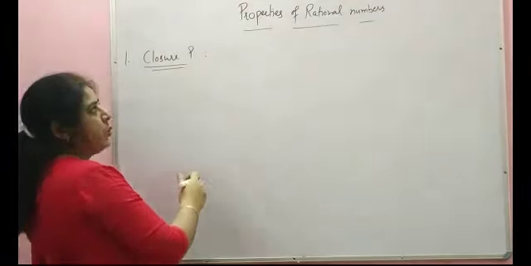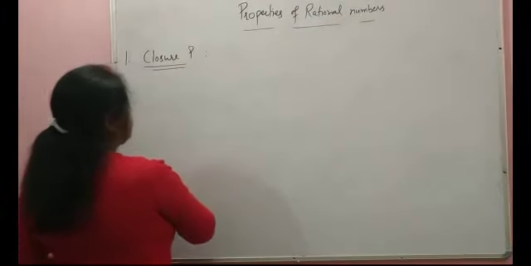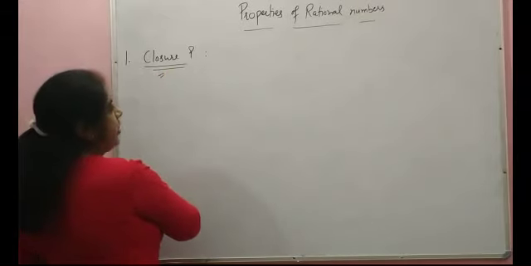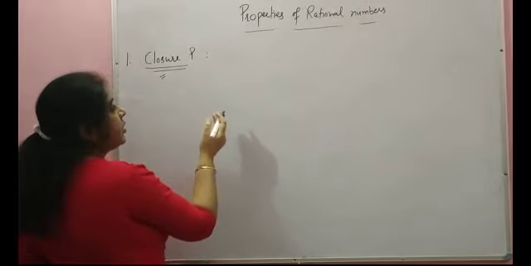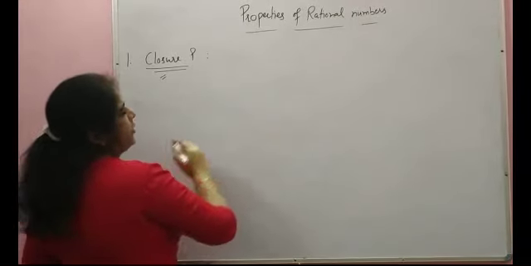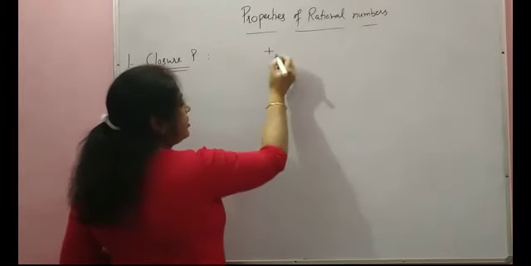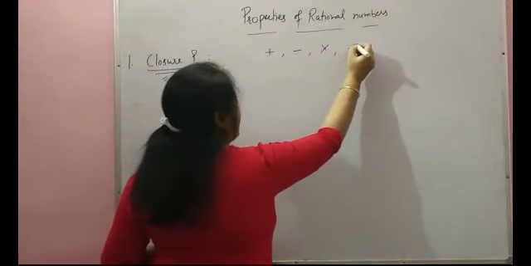Students, now we will discuss the properties of rational numbers, and the first property is the closure property. What does it mean? Rational numbers are closed under which operations? We have four mathematical operations: plus, minus, multiply and divide.